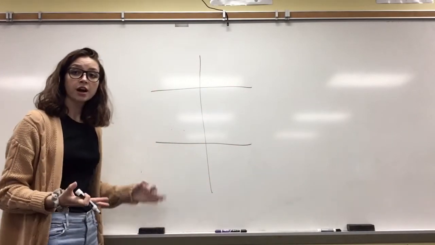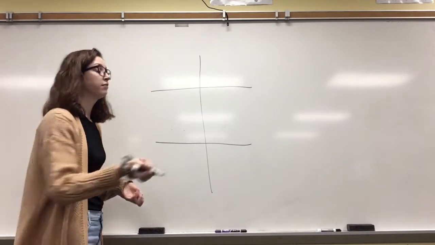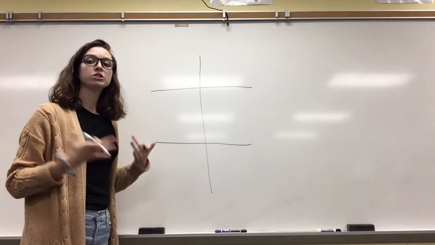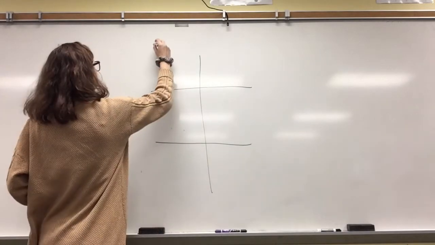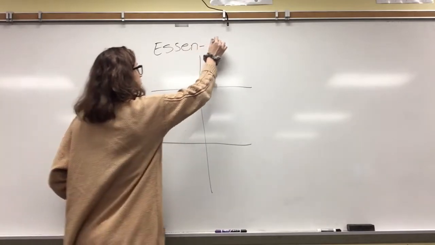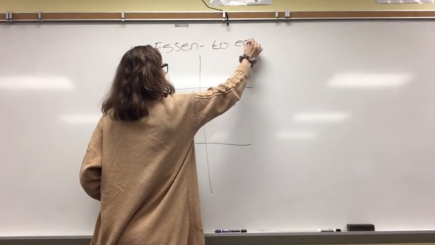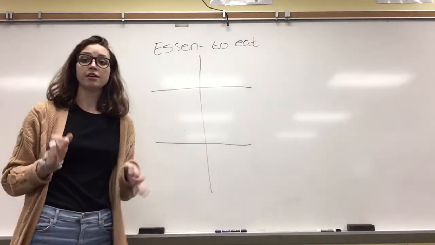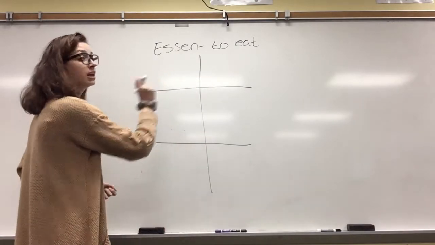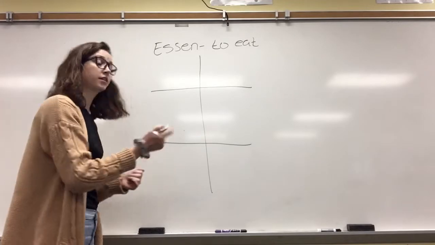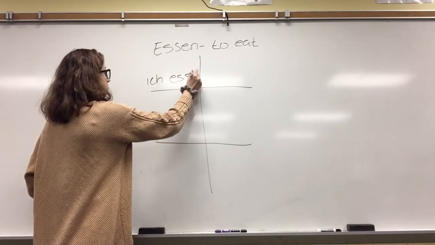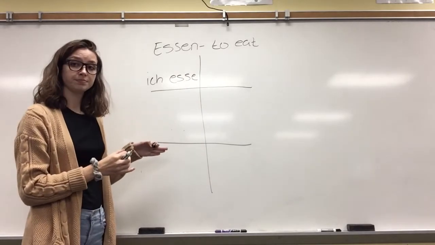So we've got our conjugation chart, as we always have. We are going to use the verb essen, which means to eat. Now, this is an E to I verb, so in the ich form, it will still be ich esse. No change there.